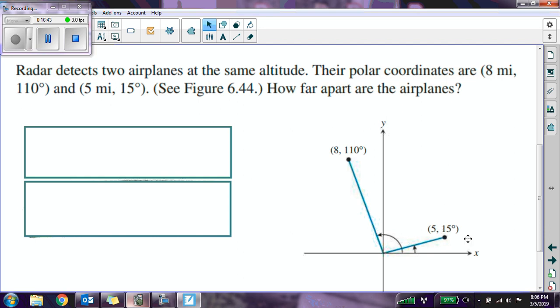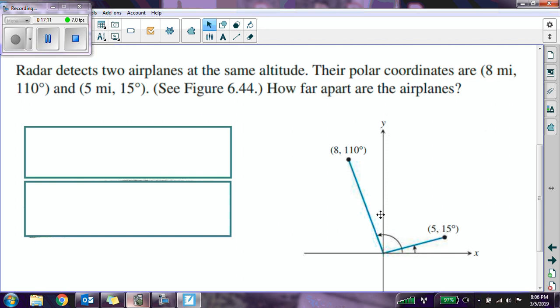Whereas this one here is 5 units away from the polar pole, and it's 15 degrees from the polar axis. So in each of these cases, you know this length is 5, you know this length is 8. What we're looking for is how far apart the airplanes are from each other. So we're looking for this distance in between them.